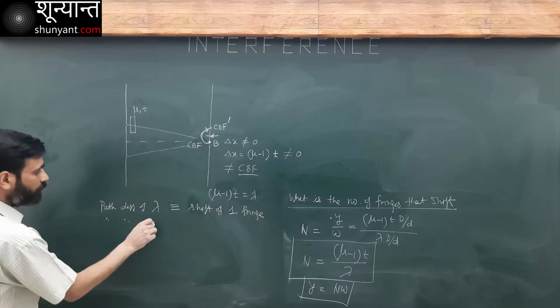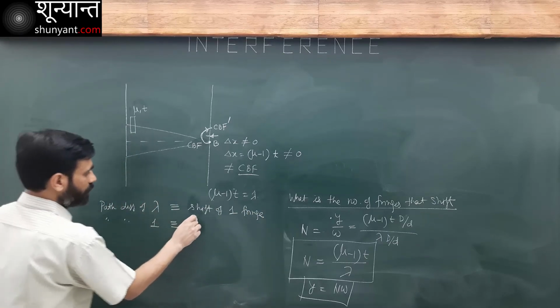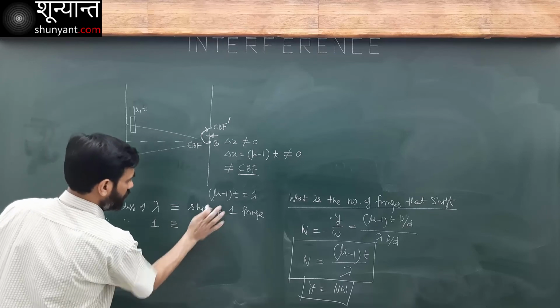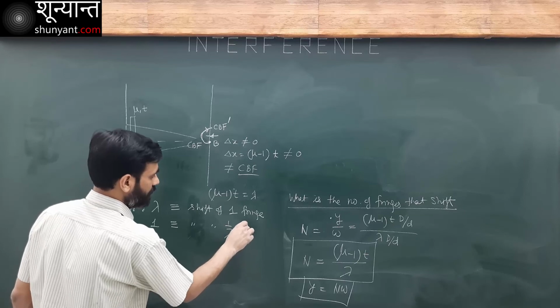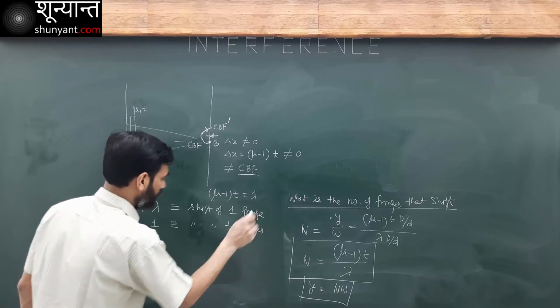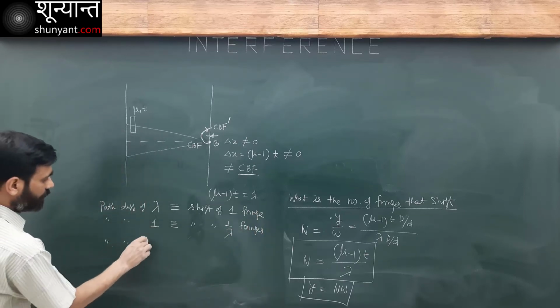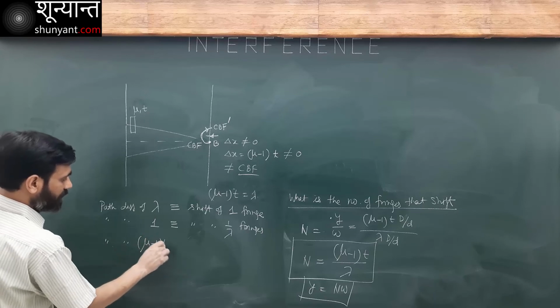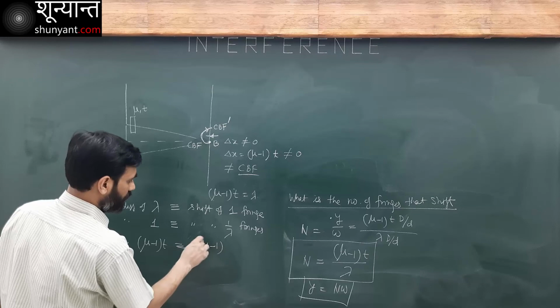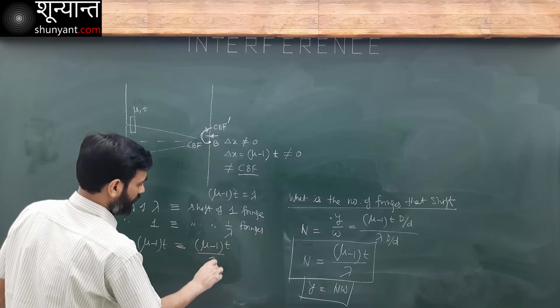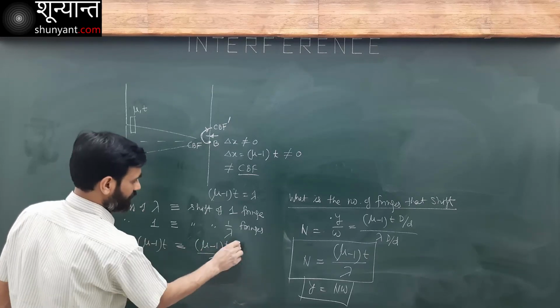The path difference of 1 will be equivalent to a shift of 1 over lambda fringe. Then a path difference of (mu minus 1) times t will be equivalent to (mu minus 1) times t over lambda fringe change.